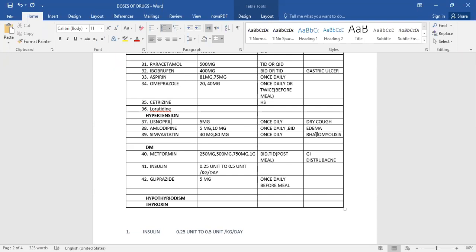All right, for diabetes we use metformin and sulfonylureas. Glipizide is a sulfonylurea, 5 milligram once daily before meals. What is the common side effect of sulfonylureas?